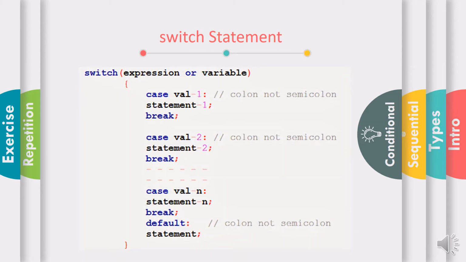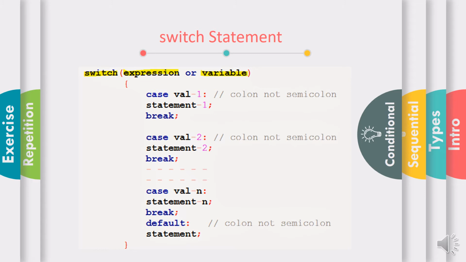This is the general expression or the syntax of a switch statement. First of all, we write down the reserved word switch. Then within the brackets, we write down the expression or variable on which we are going to make some sort of selection.